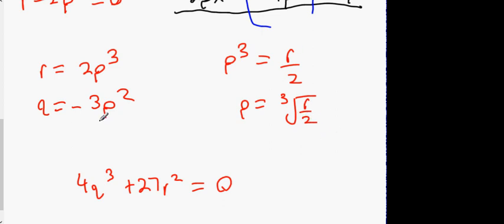What about this one here? Now, I'm going to run into a problem here. You're going to see the problem I'm going to run into in a second, okay? If we do it this way. p squared equals q over minus 3. Yeah? And then p therefore is going to be the square root of q over minus 3.